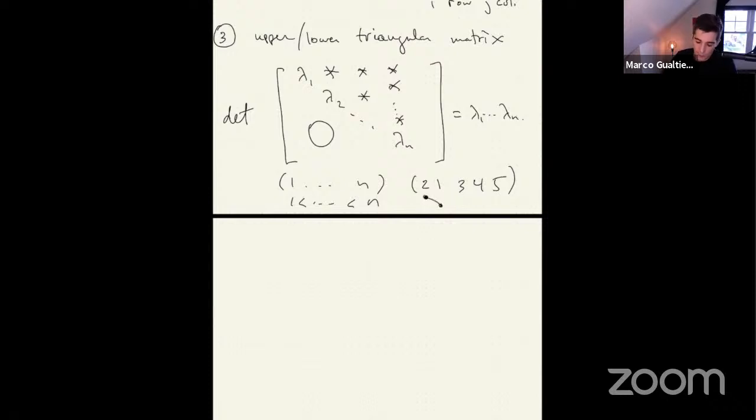And whenever that happens, one of the terms that you're taking the product of will be in the lower part.